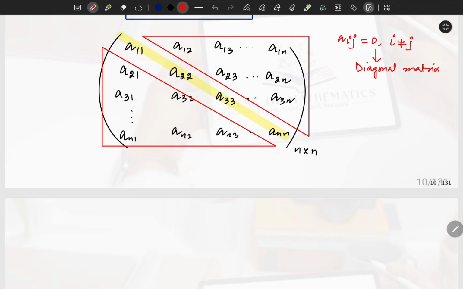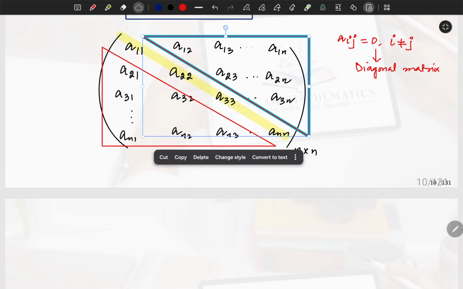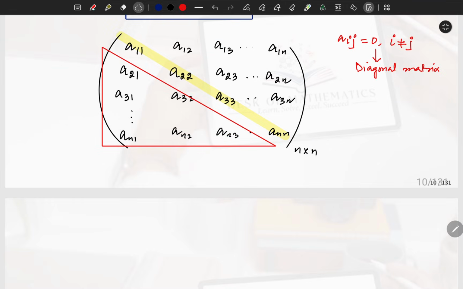Now look here. For example, suppose only these elements are 0. You can observe here i is 2, j is 1; i is 3, j is 1; i is 3, j is 2; i is n and j is 1; i is n and j is 2.